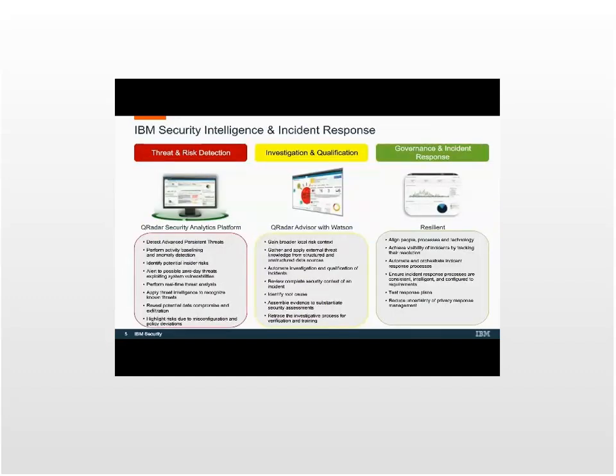As we dive deeper into each of these phases, we take a use case-based approach. The use cases in threat and risk detection include anomaly detection, baselining, and identifying new types of threats.